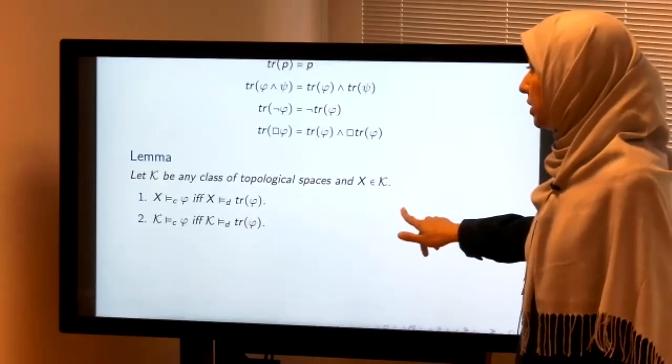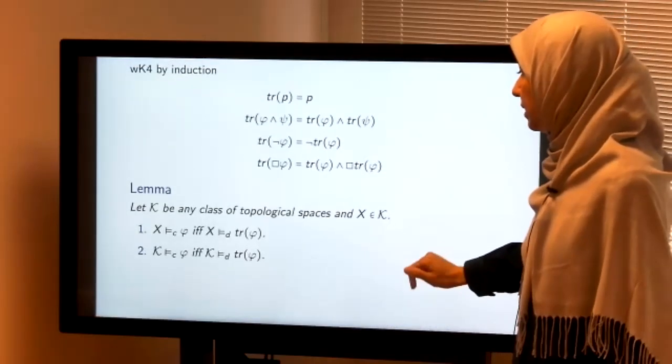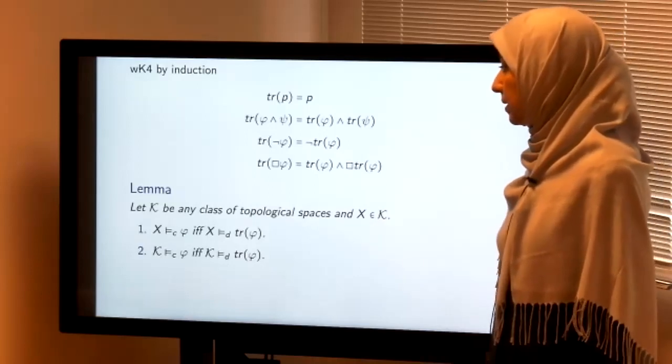Let K be any class of topological spaces and X any topological space in this class.